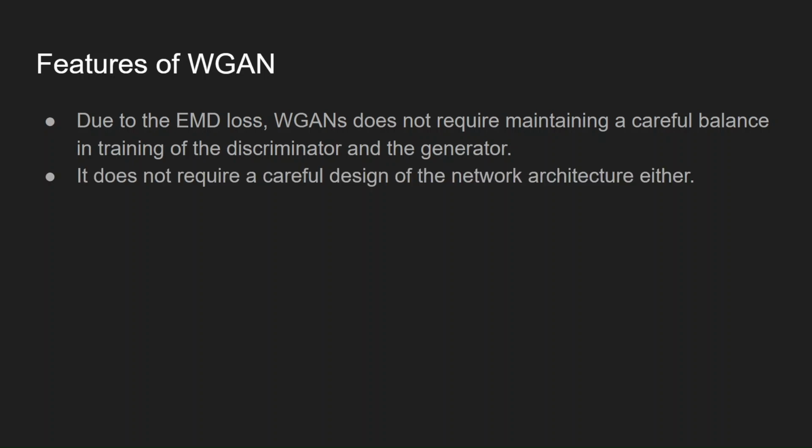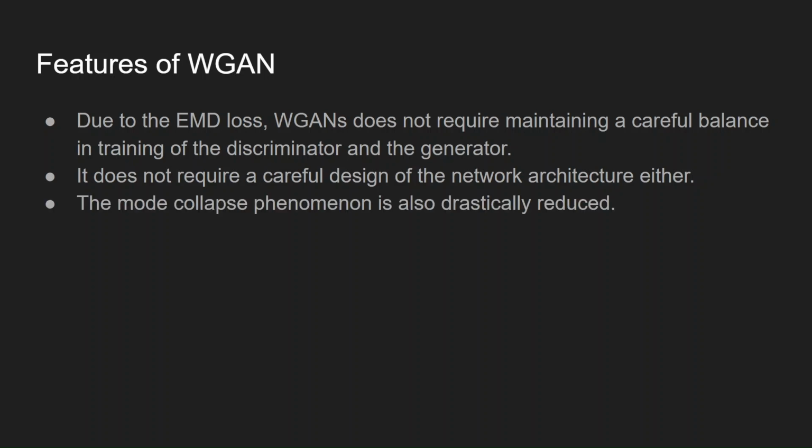The second feature of WGAN is that it doesn't require us to carefully design the network architecture either. In standard GAN, if we do not carefully design the network architecture, our generator gets stuck in some local minima. And finally, the mode collapse phenomenon is also drastically reduced in WGAN.